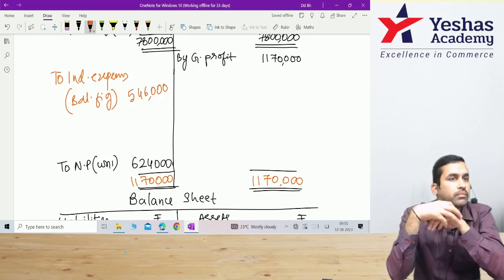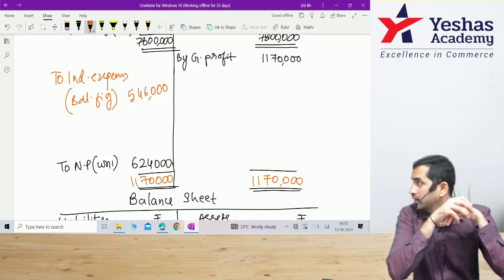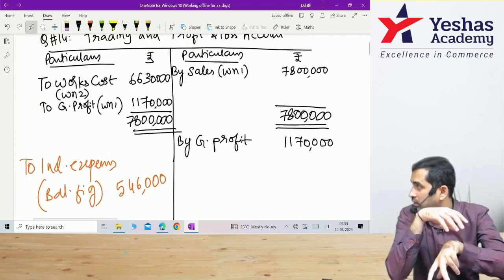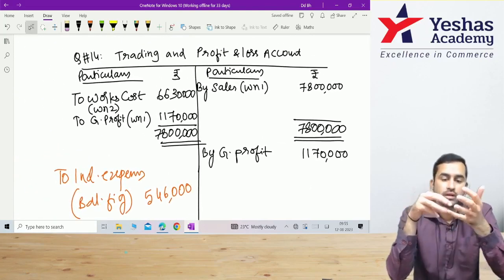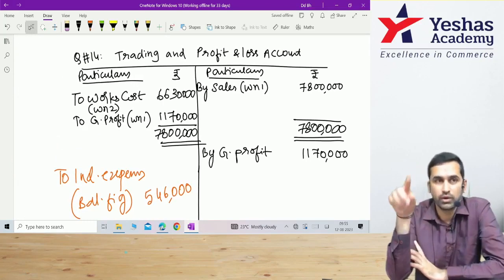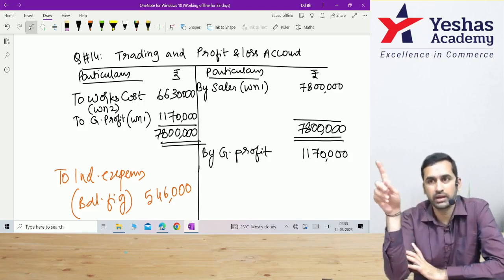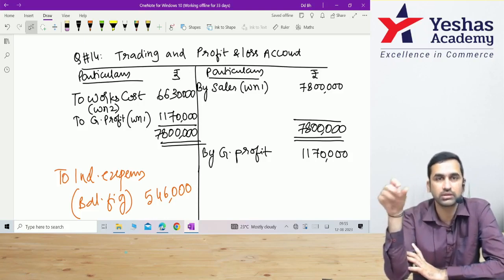Doubt? Yes, sir. His doubt is, sir, why the stock numbers are not taken in the trading P&L account. Now, sir, when I say works cost, as per the cost sheet, net works cost comes after you do factory overhead addition, opening WIP, closing WIP, you get net factory cost.